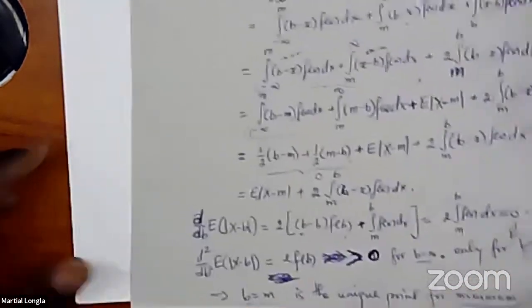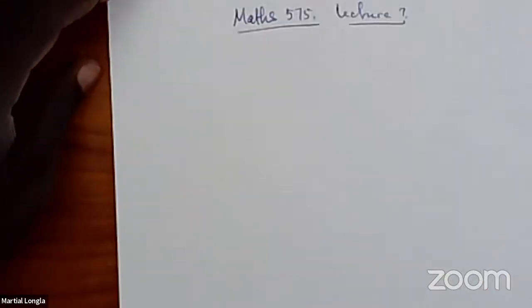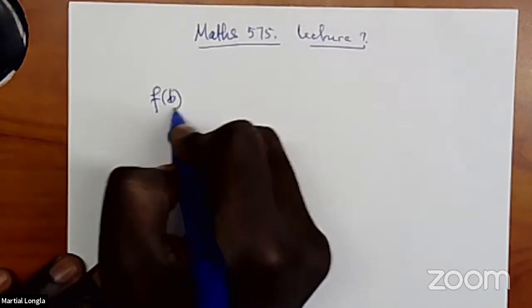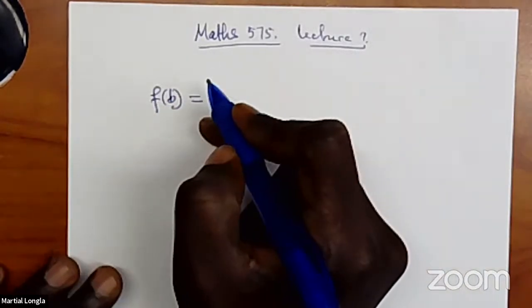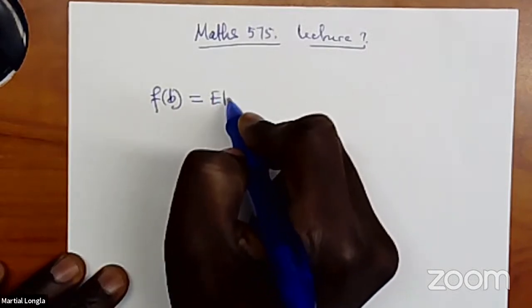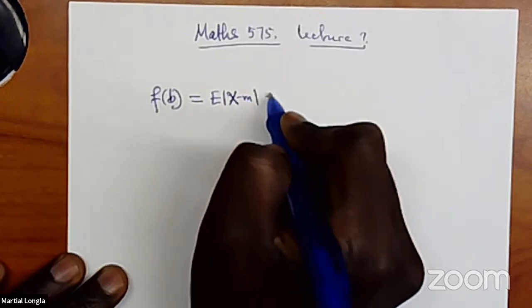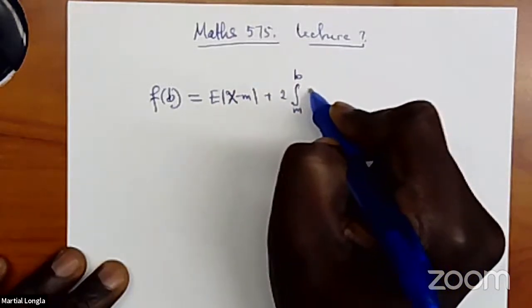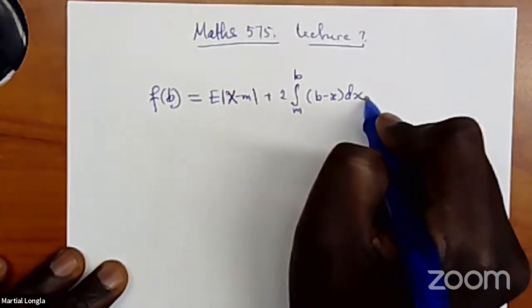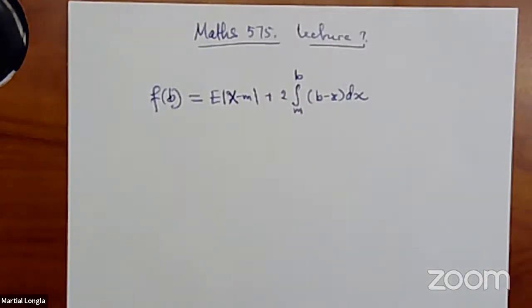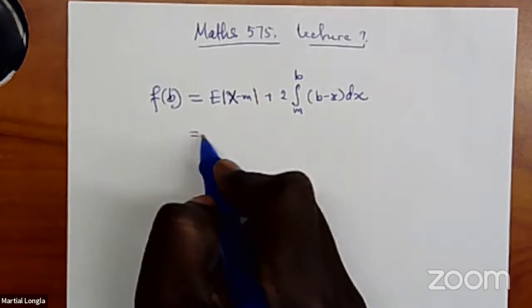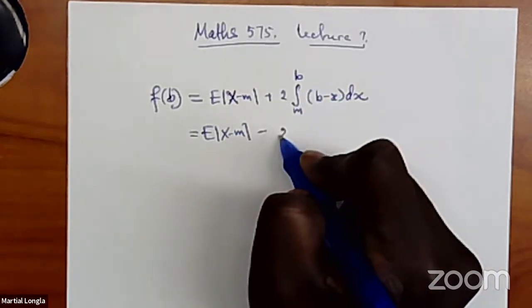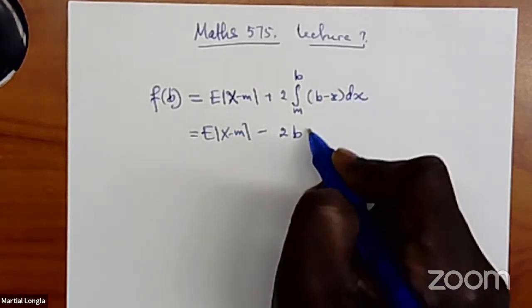Now, the other way to look at this could be to write f of b, if it's confusing what I did there. You could write f of b equals expected value of x, absolute value of x minus m, plus 2 integral from m to b of minus x dx, minus 2b.